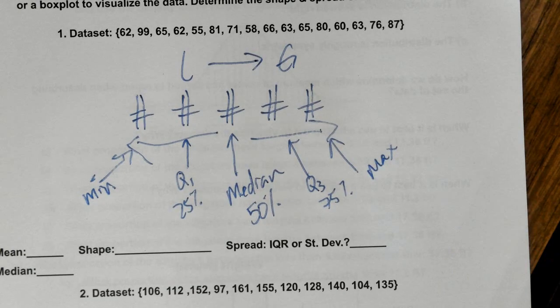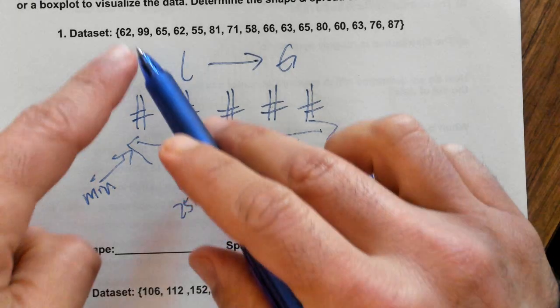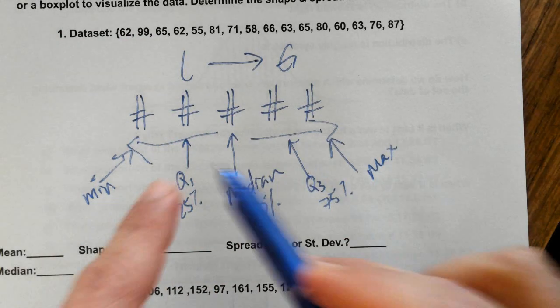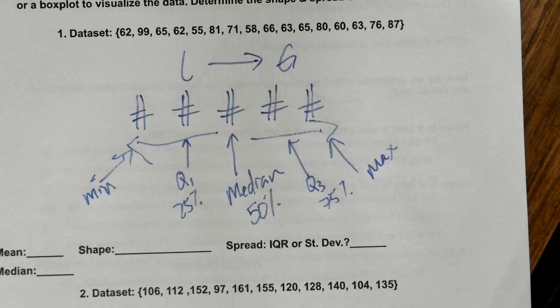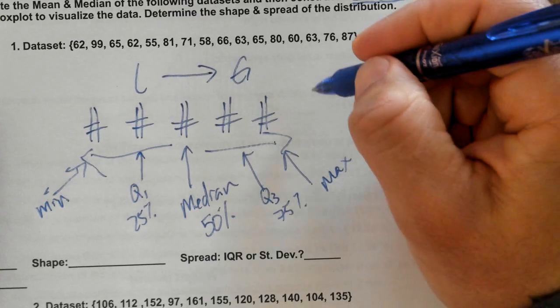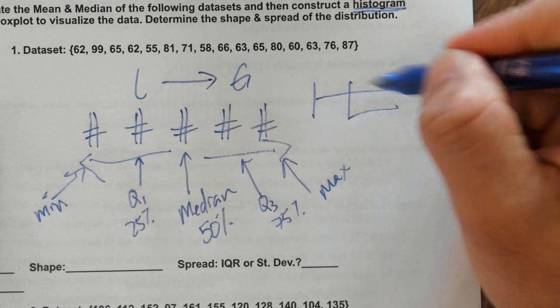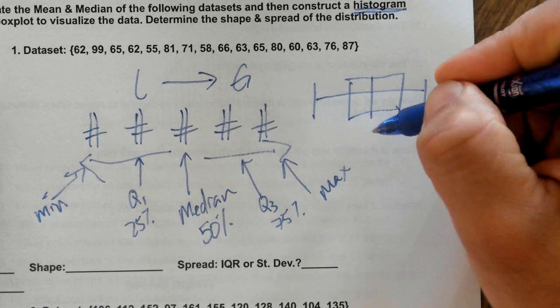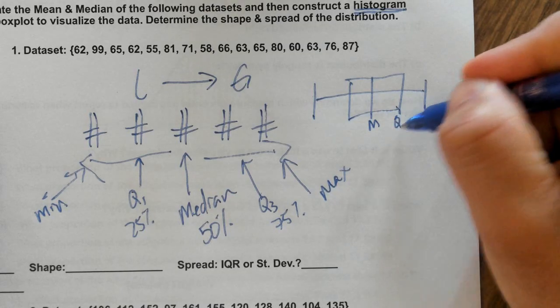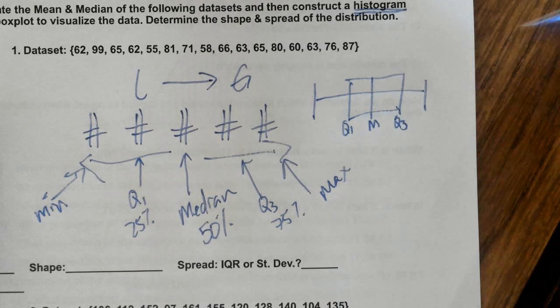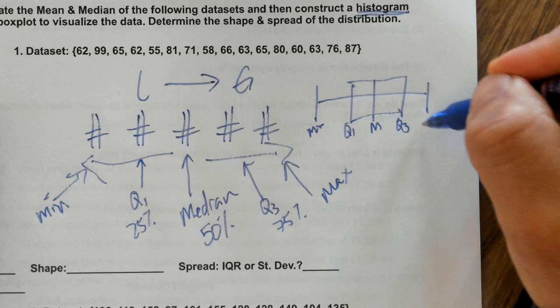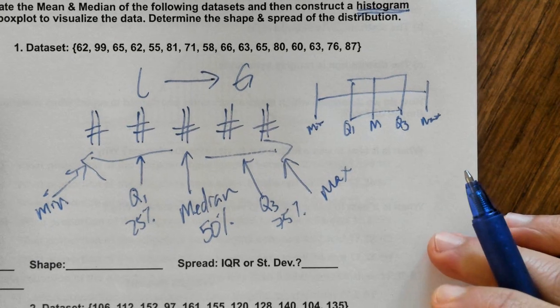Yeah? And this is me trunking all of that stuff into just 5 numbers. But those are the most important 5 numbers. Those are the 5 numbers that you use when you're working with your box plot, right? This is your median. This is your Q3. This is your Q1, your minimum, your maximum.